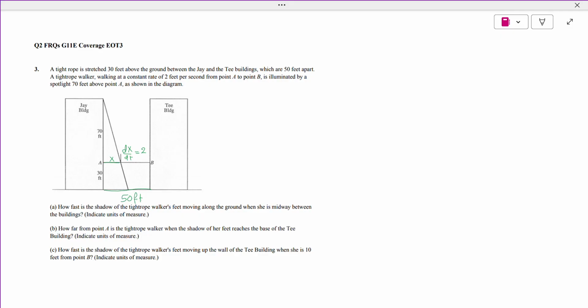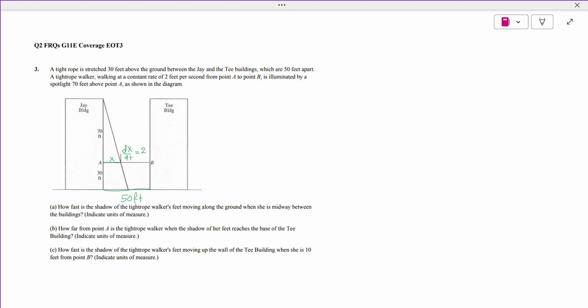Okay, and as the tightrope walker is moving, there is a shadow on the ground, moving along the ground from the first building to the second one, from A to B. How fast is the shadow of the tightrope walker's feet moving along the ground? So we need to find what?